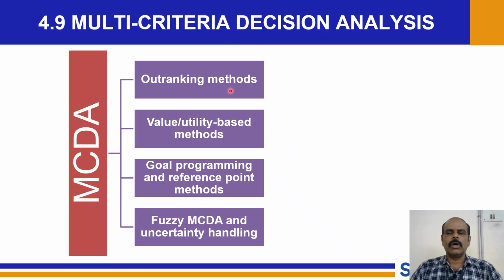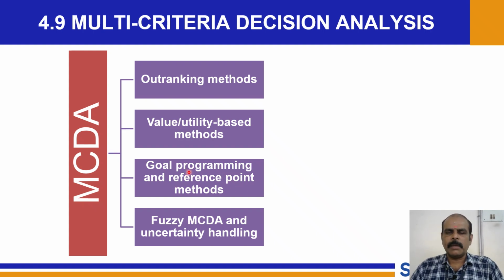There are 4 methods, within which again there are some different types of methods. So 4 basic categories. The first category is outranking methods, second value utility based methods, goal programming and reference points methods, in short called RPM, GPRPM, goal programming and reference point methods.